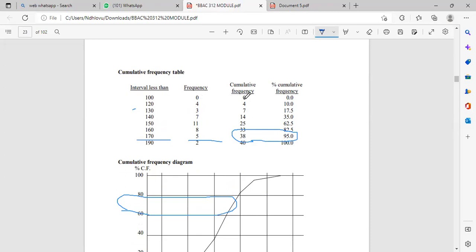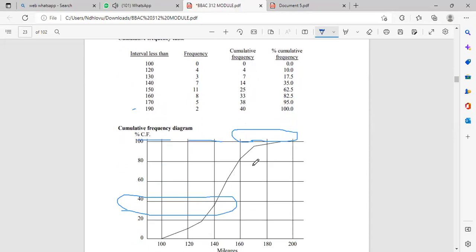So we are now having the cumulative frequency diagram. So we are getting these ones. So 0, 100 here and 0. Then 120 getting down to 4. You can estimate that. Then 130 getting down to 7. You can just estimate that. So this is an estimation of how the graph came in.